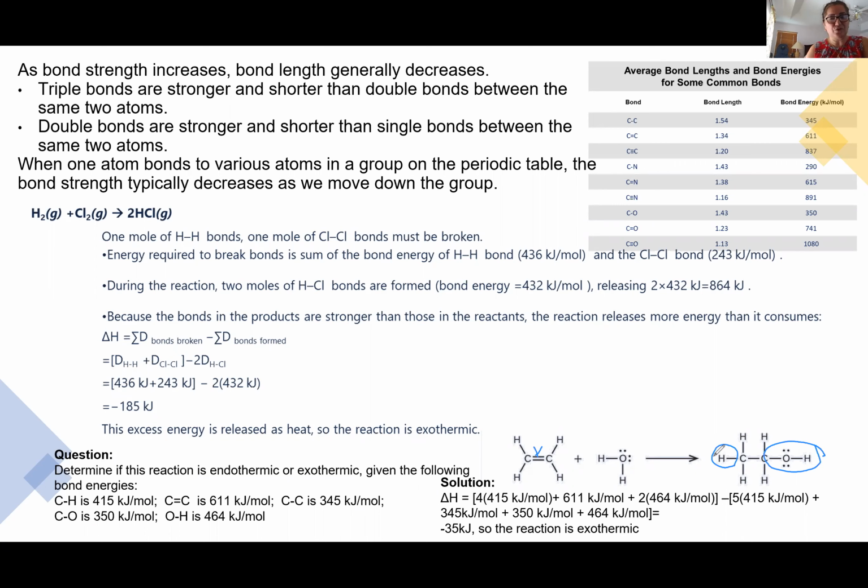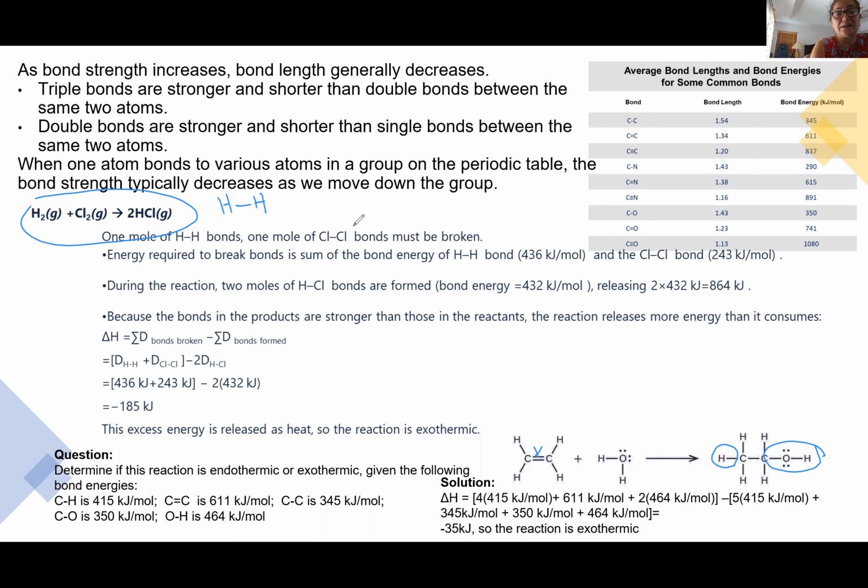The value for bond energy will be given to you. The only thing for you to find out is to be able to count how many bonds are forming and how many bonds are broken, or which ones. Like in the first reaction that we have here, what are the bonds that are broken? The hydrogen-hydrogen bond. The value for this bond will be given to you.